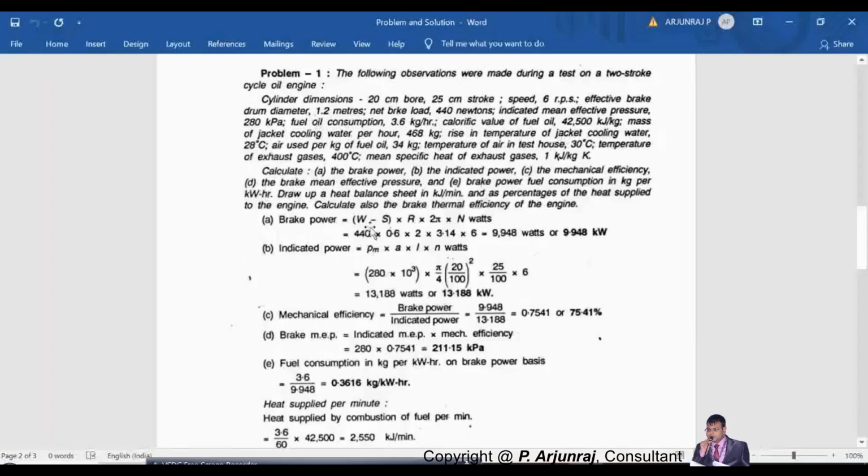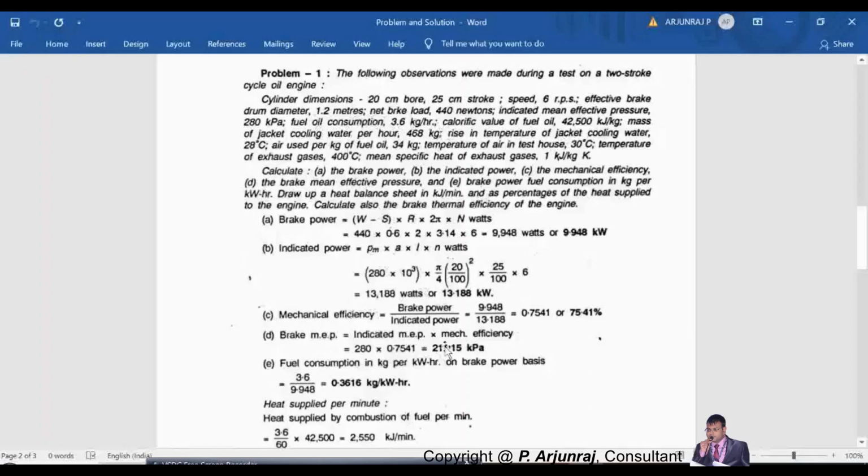The displacement is nothing but the radius of the drum on which the brake operates. What is the radius of the drum?